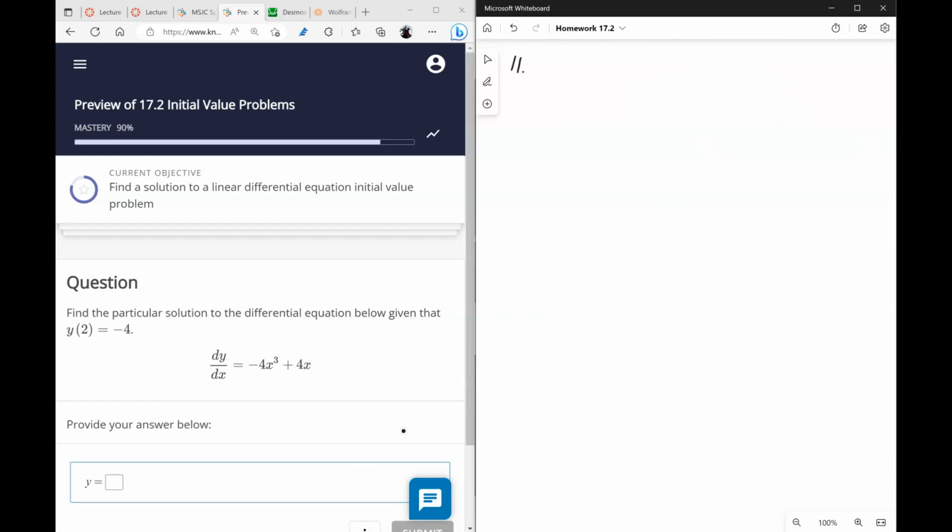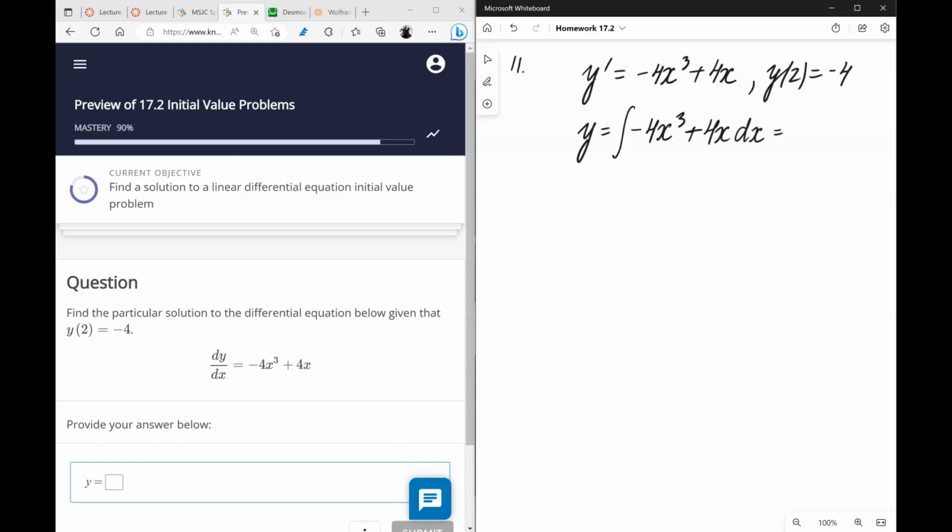Hopefully the last one. We have an initial value problem, and we're going to solve it by integrating both sides. And here we have negative x to the power 4 plus 2x squared plus c. This is the general solution.